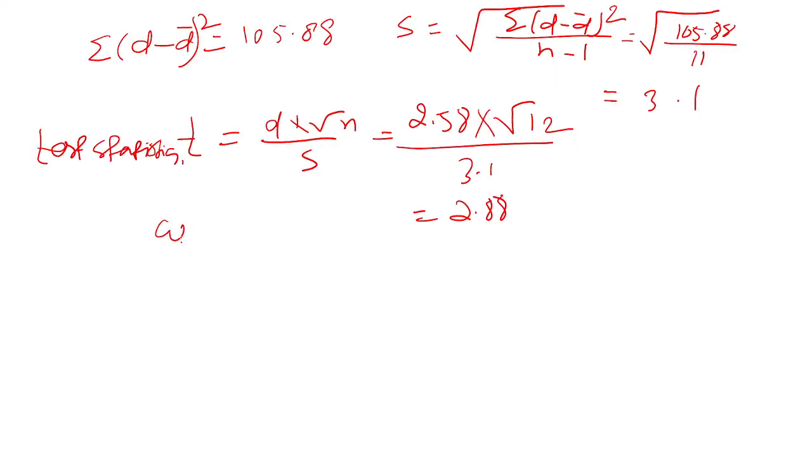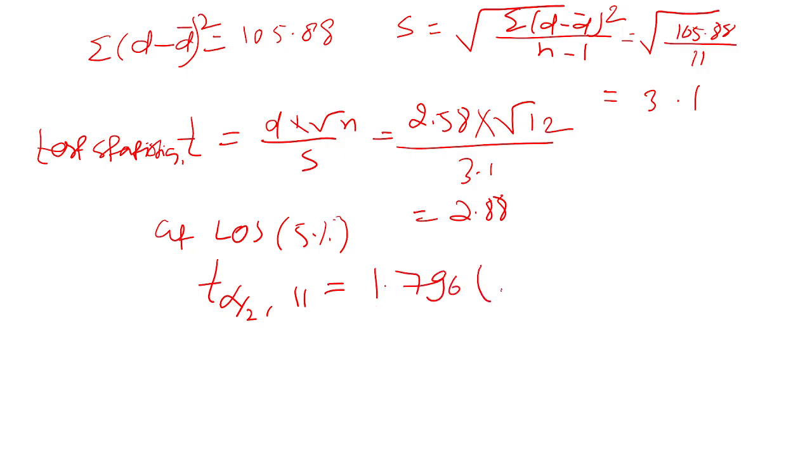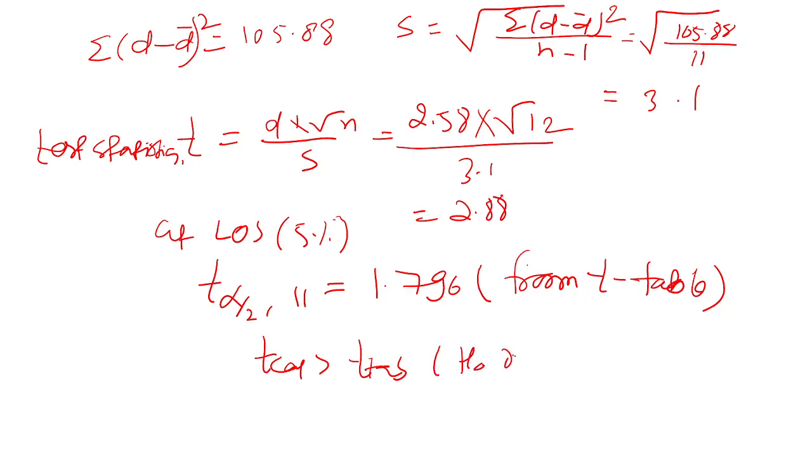So at a 5% level of significance, T alpha with this degree of freedom came to how much? 1.796 from the T table. So we calculated a value greater than T tabulated, so we are going to reject the null hypothesis.